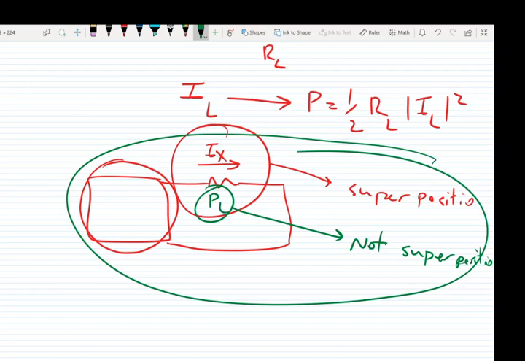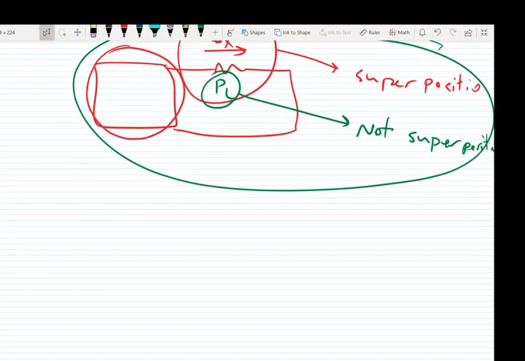If I gave you any problem to solve and asked you to find the power dissipating in one point of the circuit, of course, in order to find the Thevenin equivalent or other methods, we can use superposition. But for finding the power, we cannot use superposition. Okay, so let's see some examples.